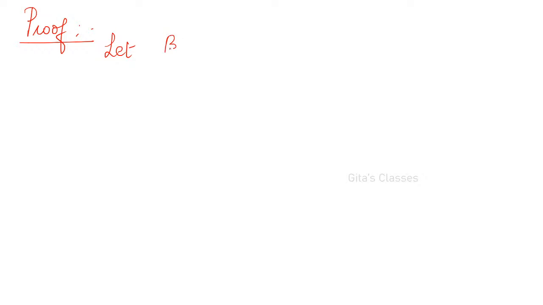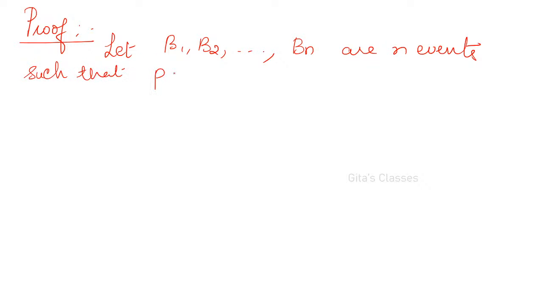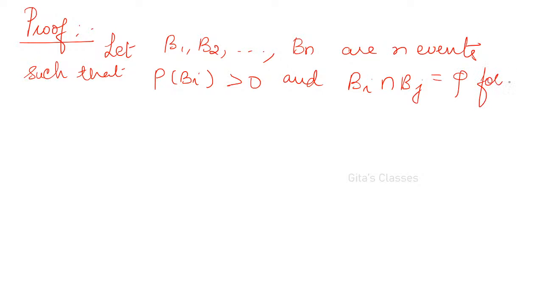Let B1, B2, etc., Bn be n events such that P of Bi is greater than 0 and Bi intersection Bj is equal to empty, that is, they are disjoint, for i not equal to j, where i and j take values from 1 to n.